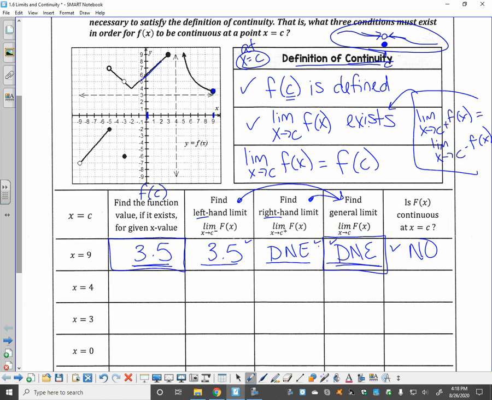So I'm going to predict that we're continuous at 0. It feels like this makes you question everything you already assume. So x equals 0, I'm looking for f of 0. f of 0 looks to be 6. Left-hand limit, 6. Right-hand limit, 6. Overall limit, I agree. Does f of 0 equal the overall limit? Yes. There you go.